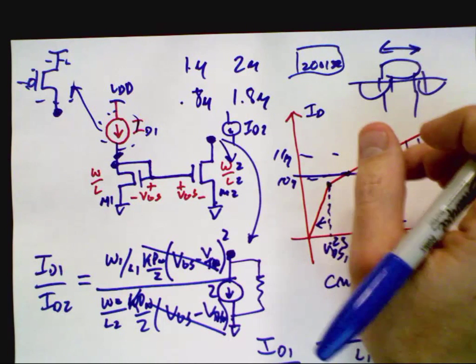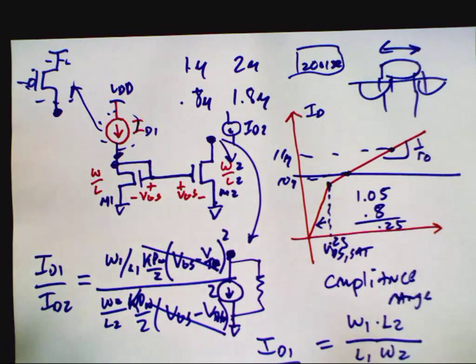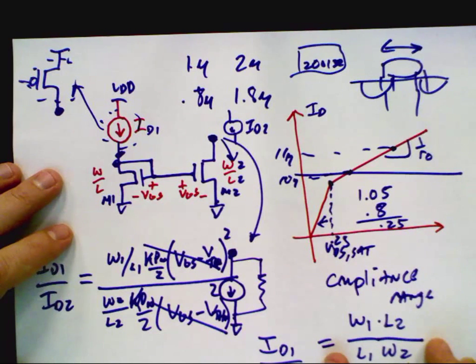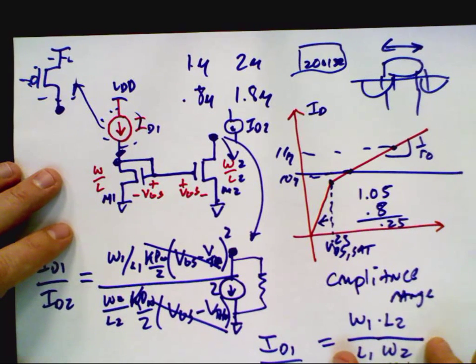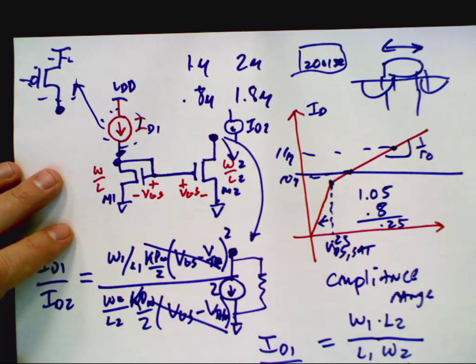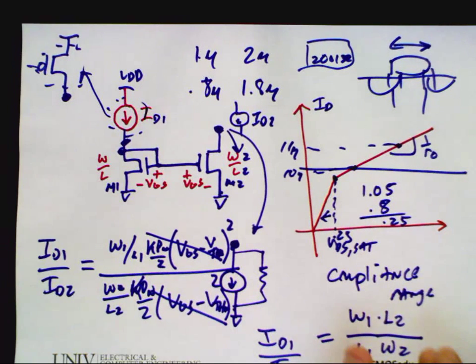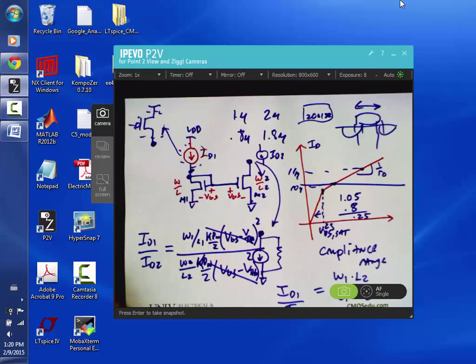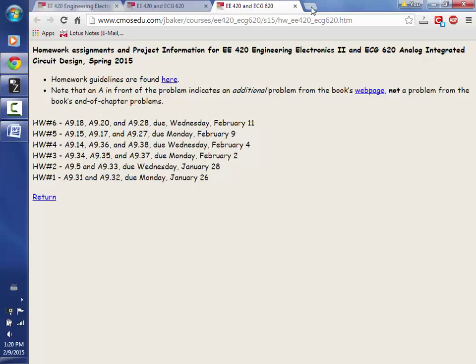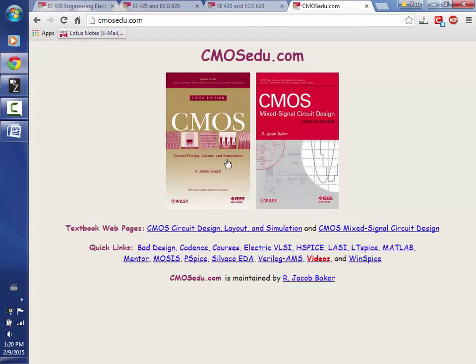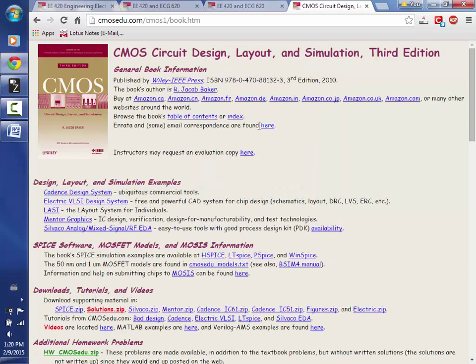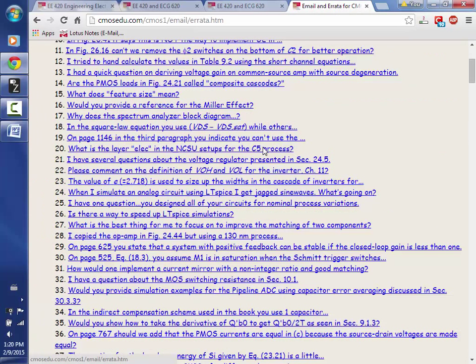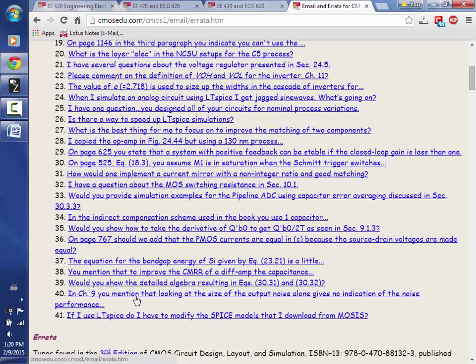Does everybody follow that? One other thing: it's been a little while, but I had a former student email me and he says, I need to make a current mirror in a nanometer process that is not an integer ratio. So you can't, in fact, I'll show you the comment I posted on the book webpage.